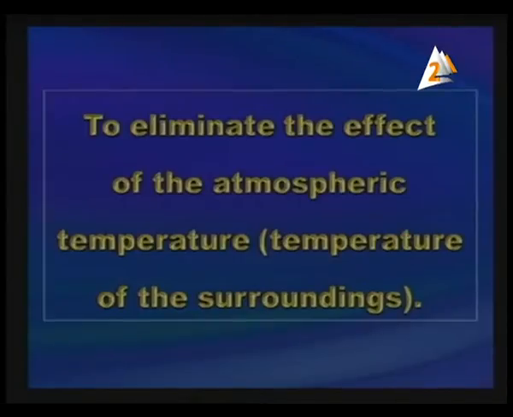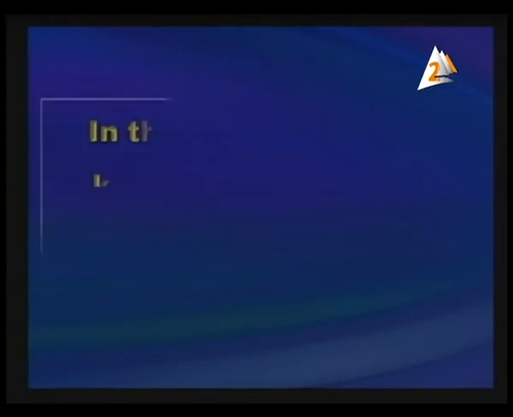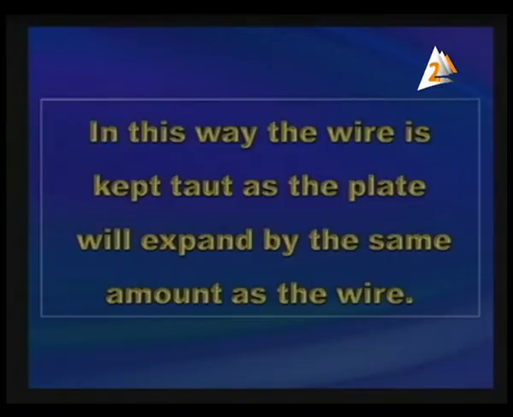I explained this: it is to eliminate the effect of the atmospheric temperature of the surroundings on the wire. In this way, the wire is kept taut, and the plate will expand by the same amount as the resistance wire of the device.